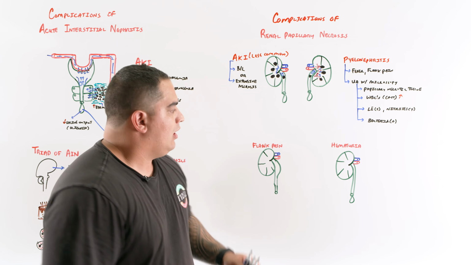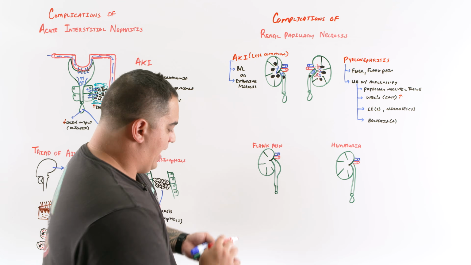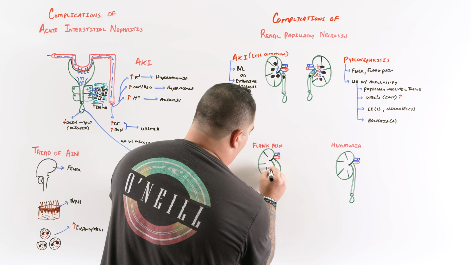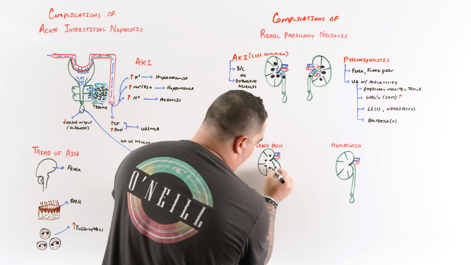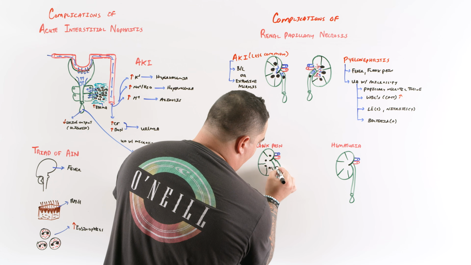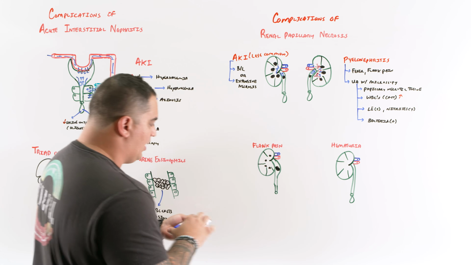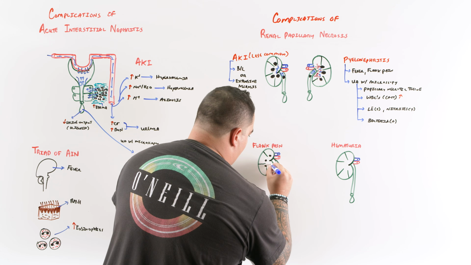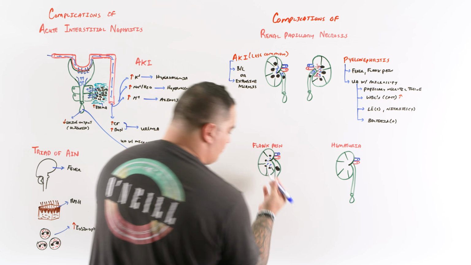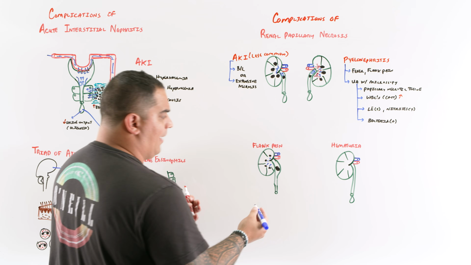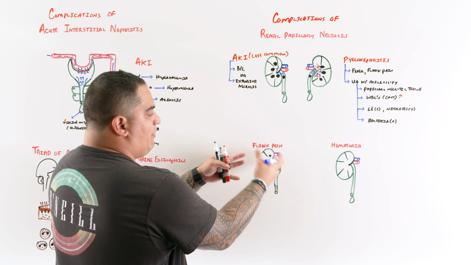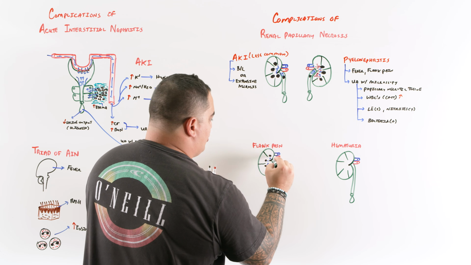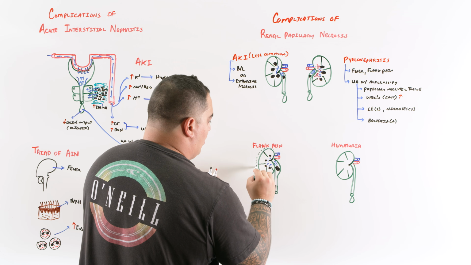All right, next thing, flank pain. With this necrotic tissue, again, we're kind of repeating it here, but if this tissue sloughs off and it's big enough that it obstructs the ureter system, what's going to happen? Again, we know it can cause a backflow and cause an AKI. But another thing here is the backflow can lead to distension or enlargement of the kidneys.